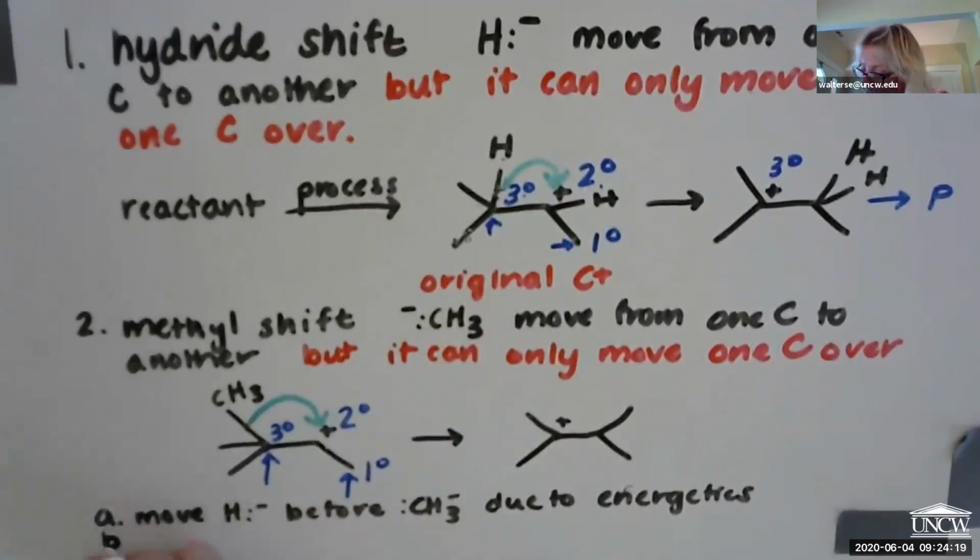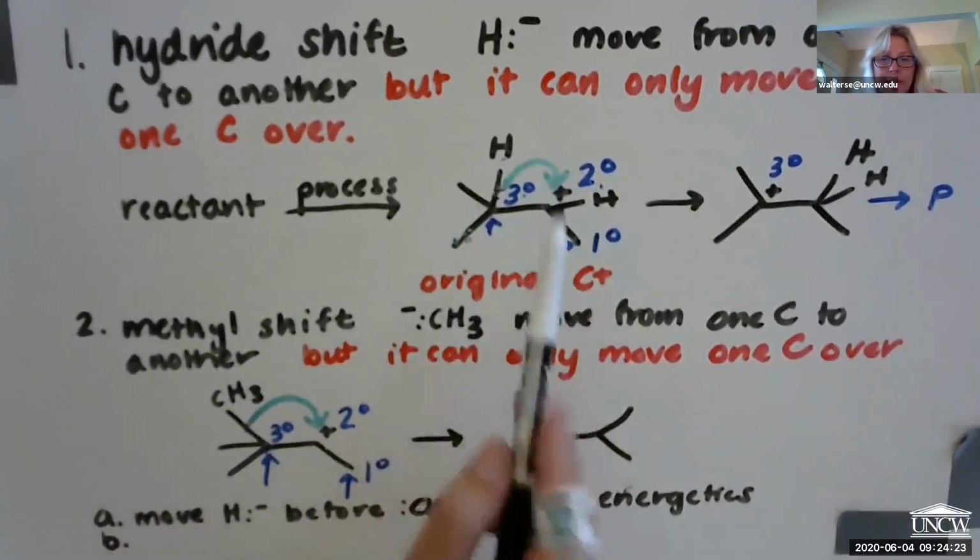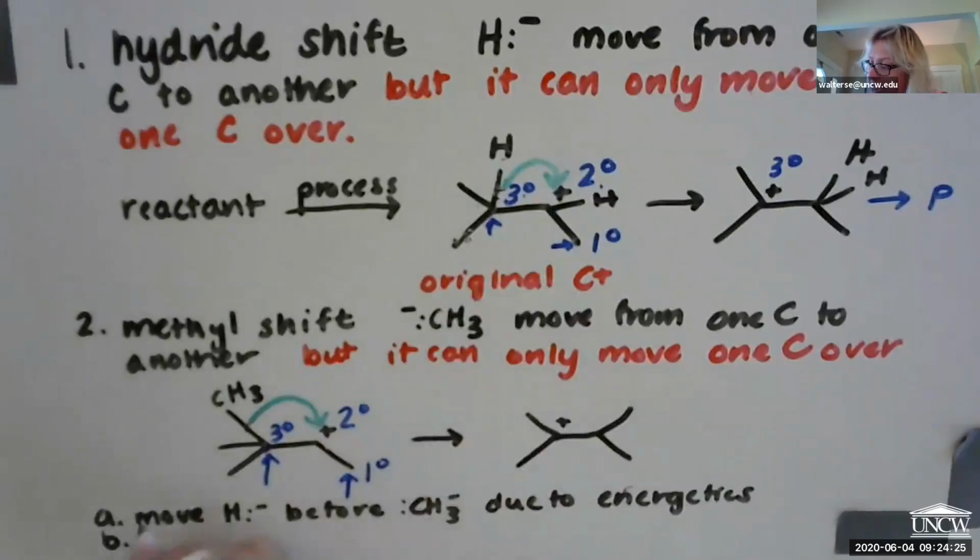The second thing to consider is that this process, the methyl shift and the hydride shift, is going to occur very fast. And that's because they involve only one molecule.